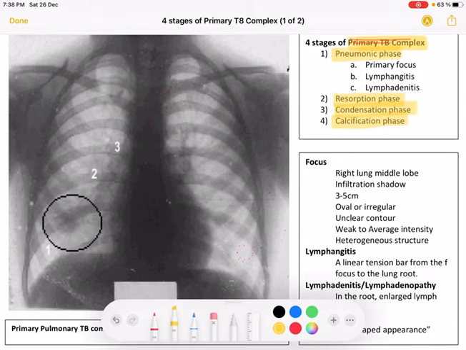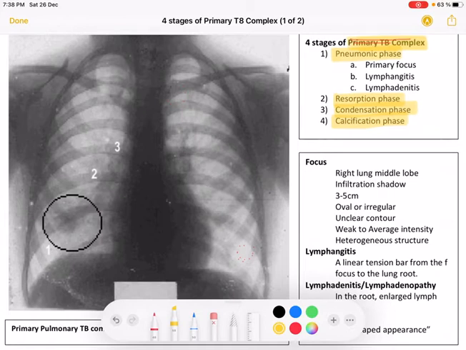As we discussed in our first video, which you need to watch first, we discussed the pneumonic phase, its components, and what the changes are in the pneumonic phase. We already discussed that. So today we will discuss the resorption phase.